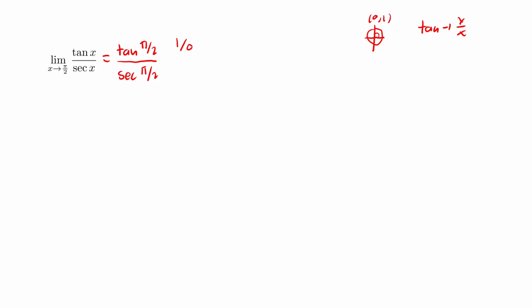Division by 0 tends to be something that tends to infinity, and we'll talk about this actually in the next video when we talk about determinate forms, when you actually get something that is infinite. And secant is going to be the inverse of the cosine, so that's going to be 1 over the x value on the unit circle.